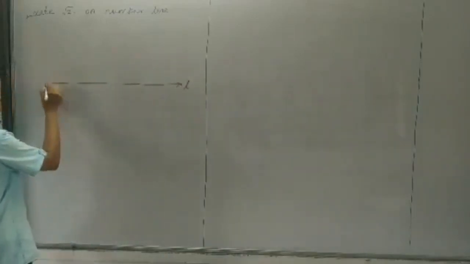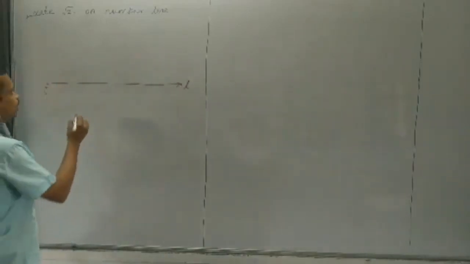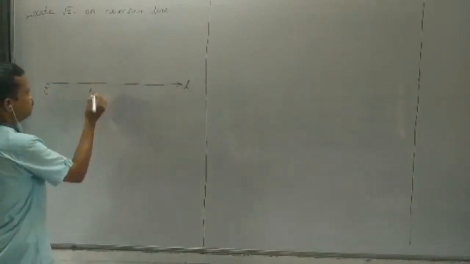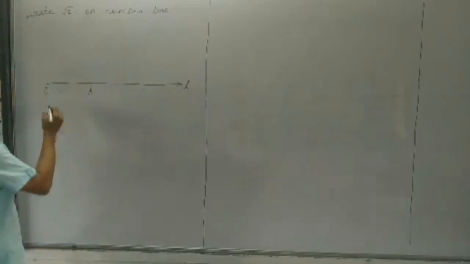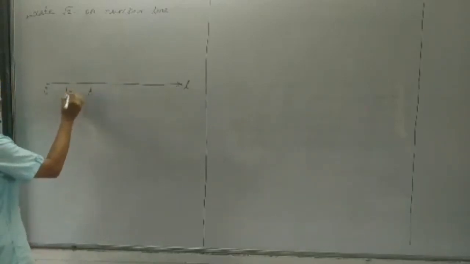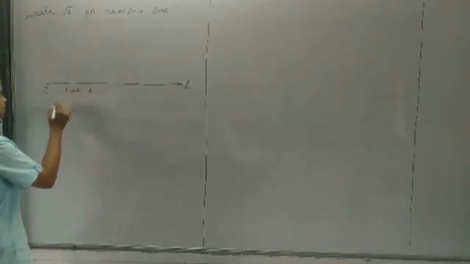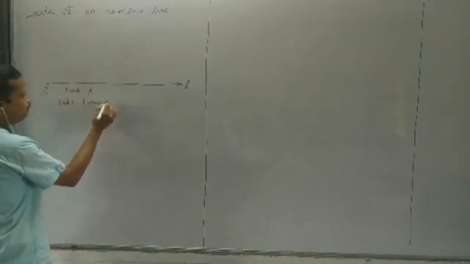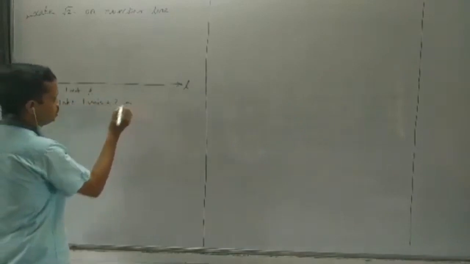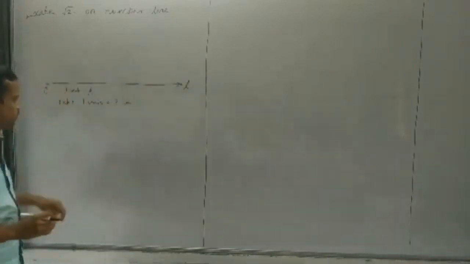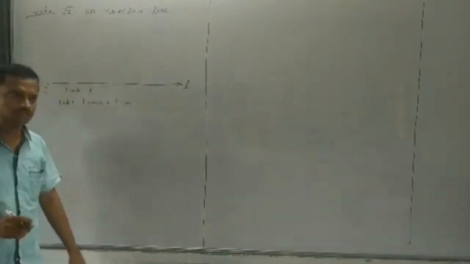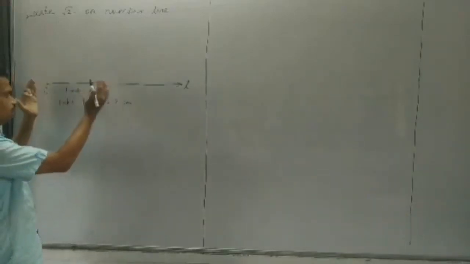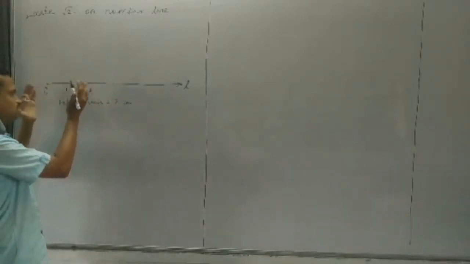And this point you mark it as O, and you take this point as A. Okay, this is 1 unit. You take 1 unit as 2 centimeter measure. So what I am telling, 1 unit as 2 centimeter, then only we can get a large gap.